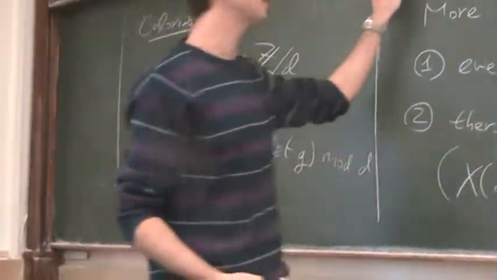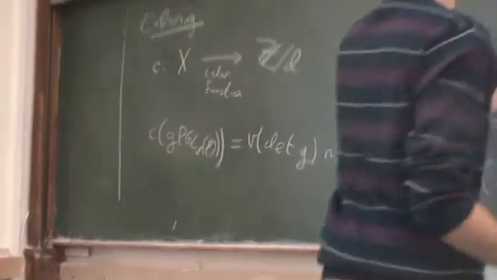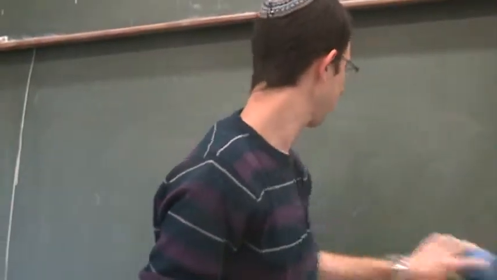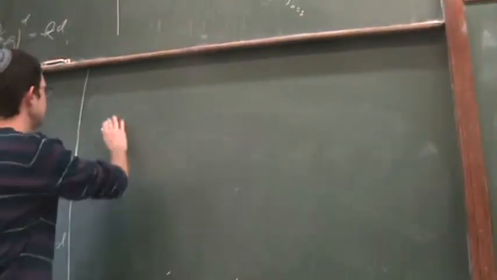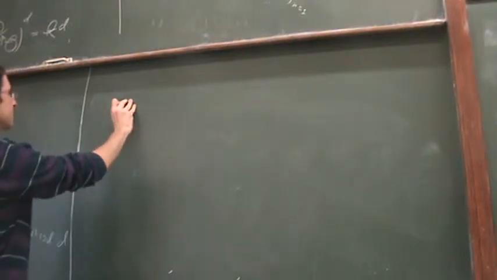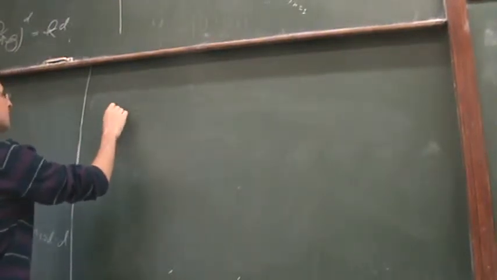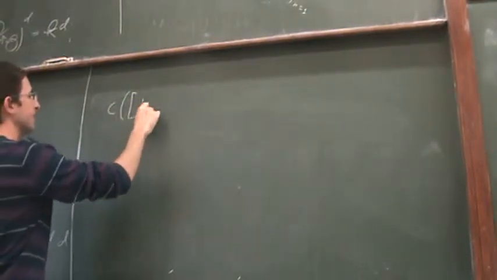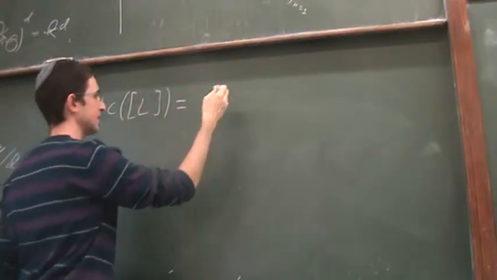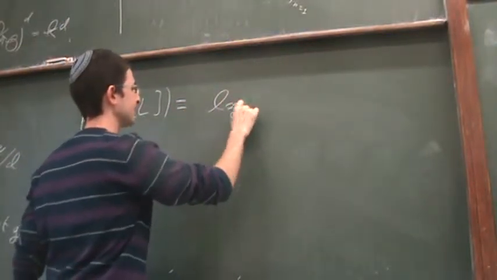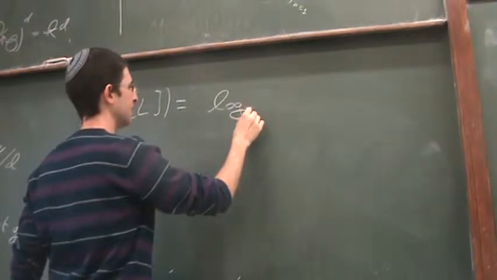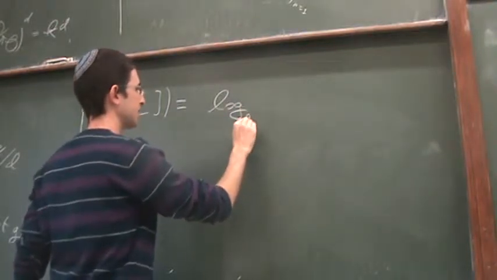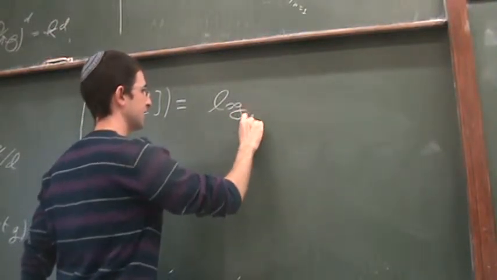And if you want a definition in terms of lattices, the color of L is log base q of the index of O to the d over L, mod d, where q is the size of the residue field.